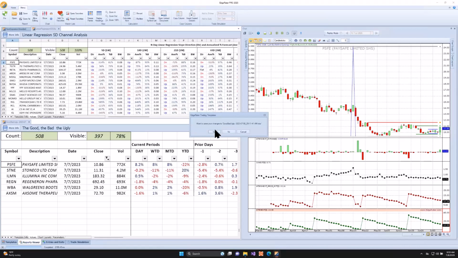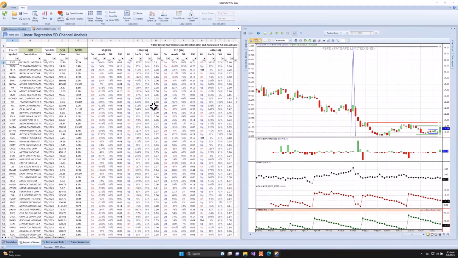And that's why it's saying, do you want to save the changes? Because it will save it back into that Excel file so that when you open it up next time, either through EdgeRater or through Excel, you will have the state that you saved it in with the correct sorting and filtering. But for now, I'm just going to say, no, I'm not interested in that.